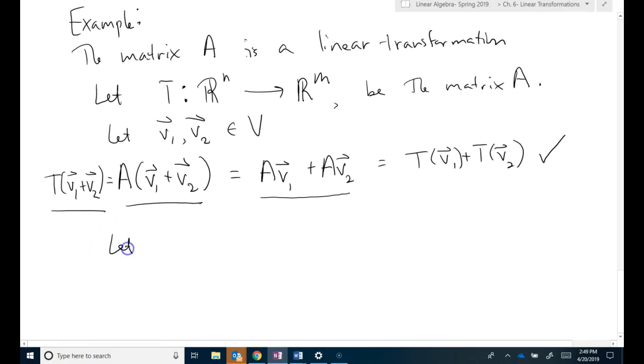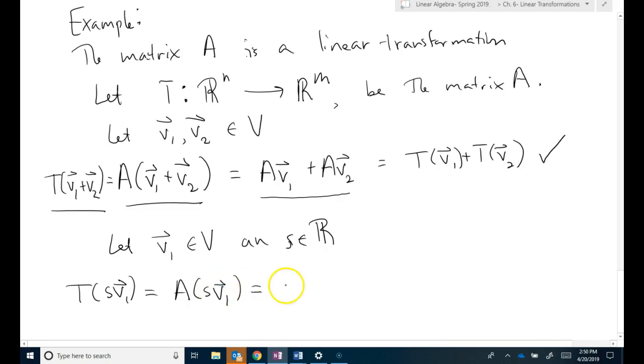Then, if we say let V1 belong to V and S belong to R, T of SV1 is going to equal A times SV1, which is going to then just equal, well, if you remember about scalar multiplication, we get to pull it out to the other side, S times AV1, which is thus equal to S times T of V1.